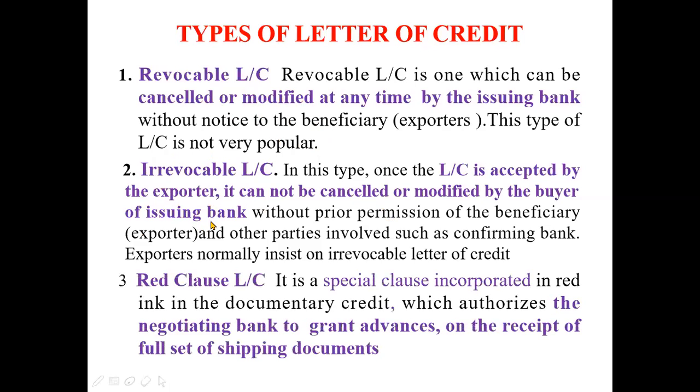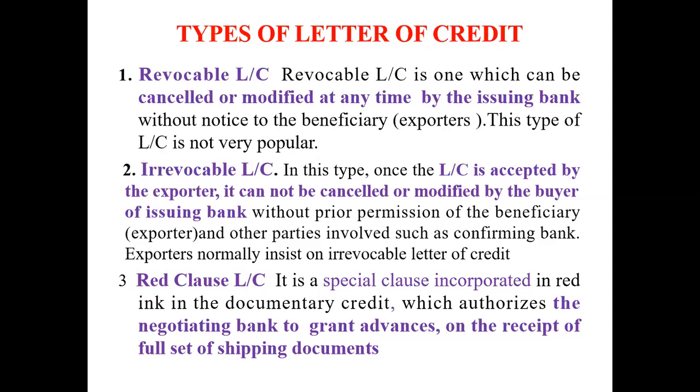Next is the red clause letter of credit. This is a special type of letter of credit, in which one clause is incorporated in red ink, which authorizes the negotiating bank to grant an advance on receipt of the full set of shipping documents. That means the negotiating bank may grant an advance, say 20% or 40% of the total value, to the exporter.